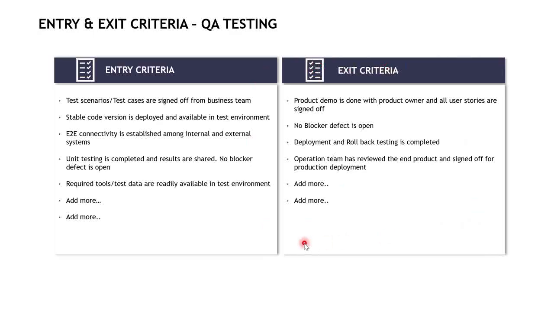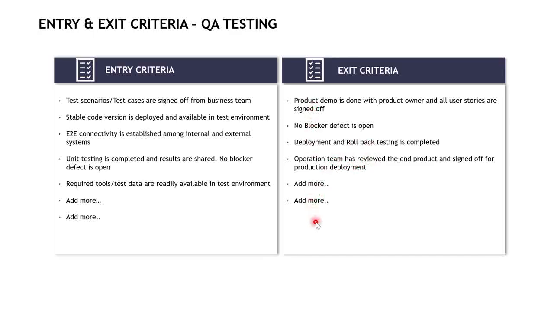Second is exit criteria. If your testing is done, how will you say your testing is done? There will be certain criteria. For example, you have given a demo to the product owner and all the user stories are signed off. There is no blocker defect open. You tested the deployment and you tested the rollback. You have given a demo to your operations team and they have given a go-ahead that you can deploy into production.